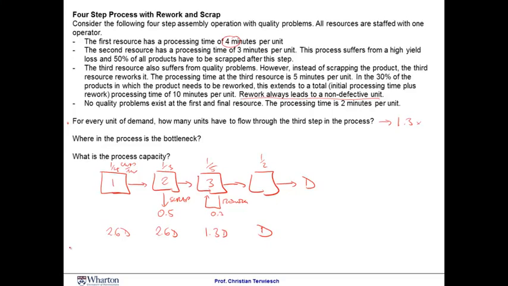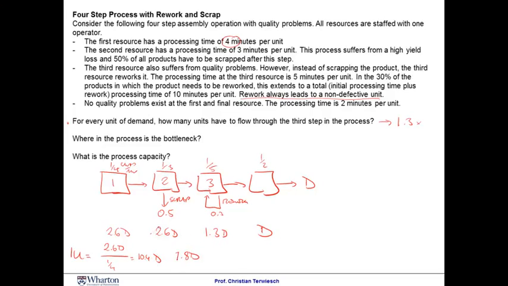And that allows me to compute the implied utilization as the ratio of the demand rate, 2.6 D, divided by the capacity, which is 1 over 4. And that gives me 10.4 D. In the same way, I'm going to get 7.8 D here, right?